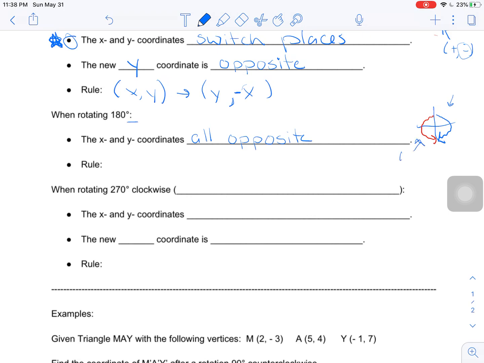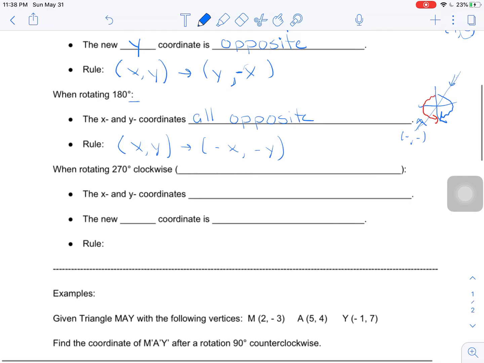We ended over here in quadrant 3. Well, we know everything in quadrant 3 is negative, so that's why all the numbers were negative. But because we were just going straight across, nothing was trading places. It was the same shape, just on the opposite side of the graph. So the rule for that would be take whatever your coordinates are and just make them the opposite. That's going to send them to the opposite side of the graph, which is 180 degrees around the circle.